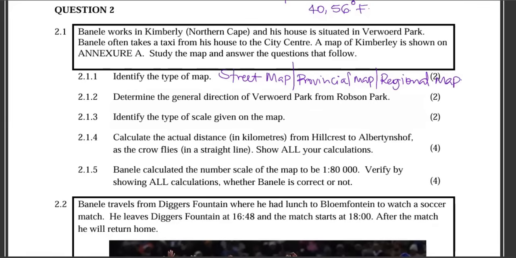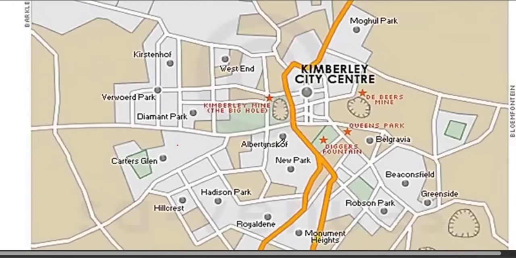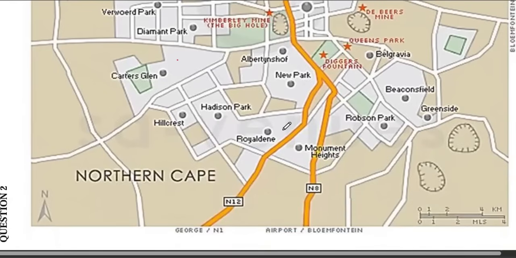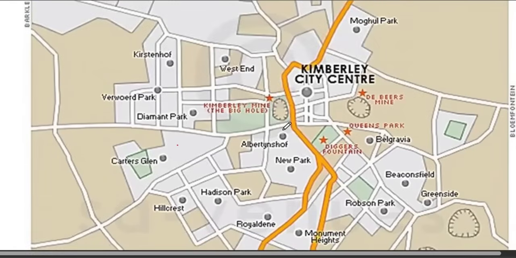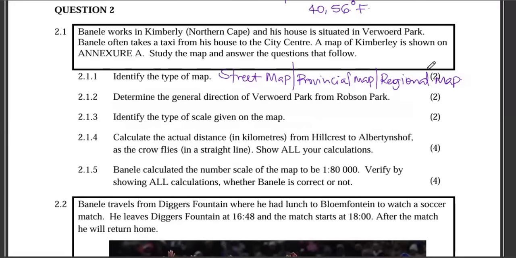Any of these two could work out. Okay, let me see. Street map. Yes, it shows some streets. It shows some places. Anyway, it's fine. You could call it that much.